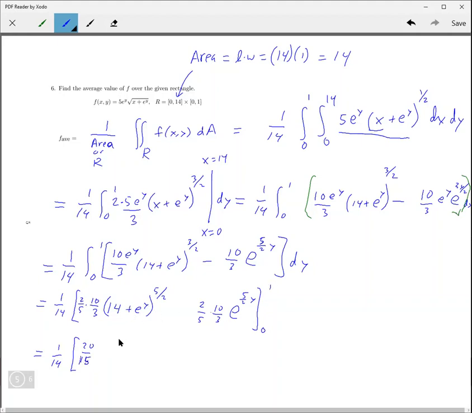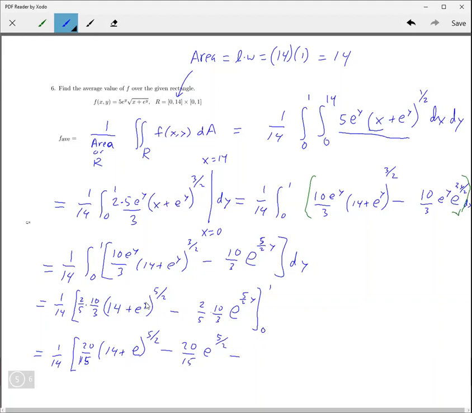Okay, so you put a 1 in, and this is going to be 14 plus e to the 1 all to the 5 halves, minus 20 over 15 e to the 5 halves. Okay, now you put a 0 in and subtract.